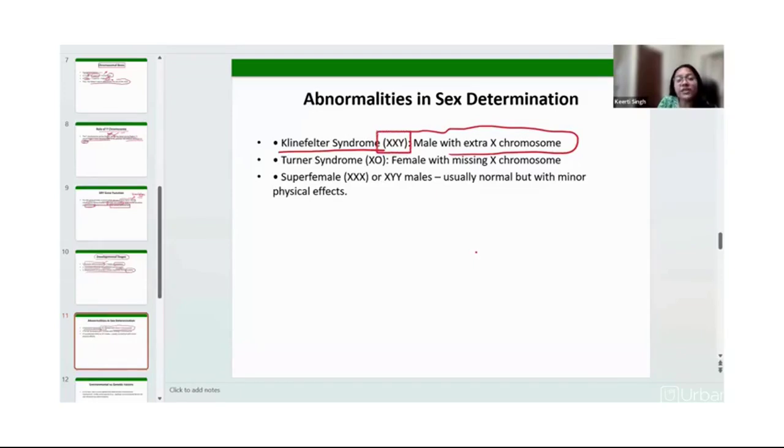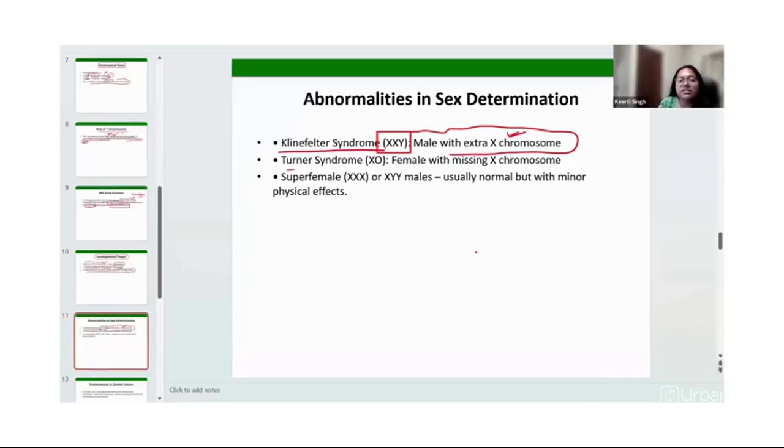So the presence of this extra X chromosome will induce some kind of female characters in that developing male, right? So some feminine characters must be present in that male. This happens because of some kind of abnormality during gamete formation, right?